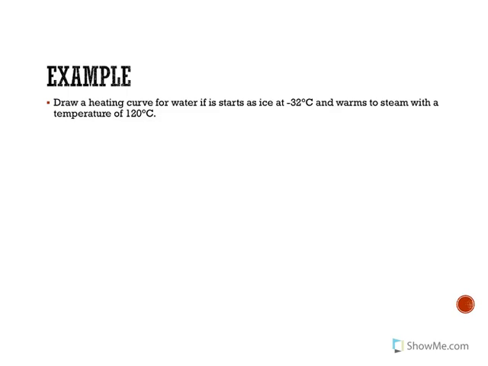So if we draw a heating or cooling curve for water, if it starts at ice at negative 32 degrees and warms to steam with a temperature of 120 degrees Celsius, we need to make sure we draw an axis here.